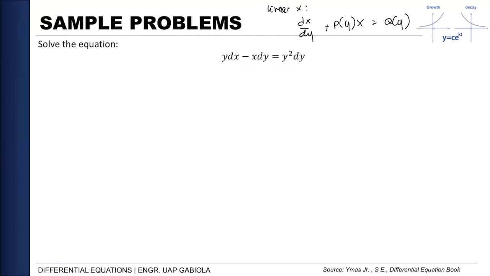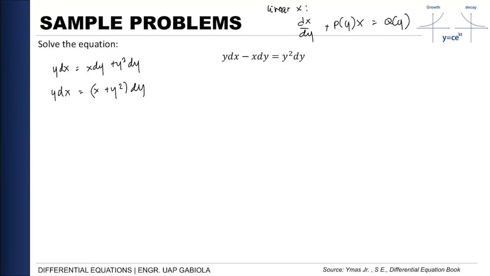So, what we can do is to combine muna like terms. Okay, so let's have y dx. Transpose ko muna yung x dy sa kabila. So, x dy plus y squared dy. Then we have y dx equals to, factor out natin si dy, x plus y squared dy. Okay?